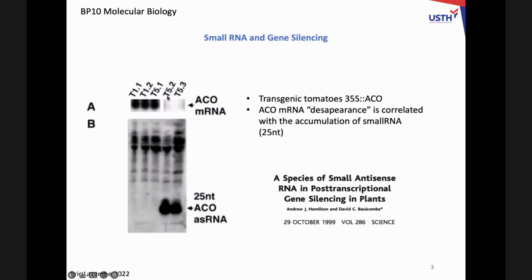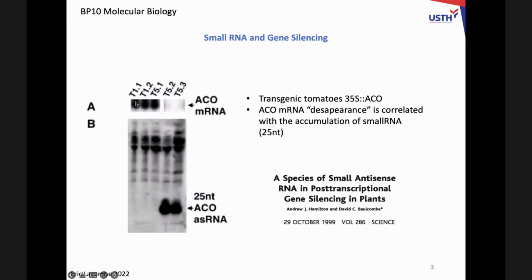But for some of the lines, and this is the case for lines T5.2 and T5.3, even though they were overexpressing the ACO gene, no mRNA was seen. So in this context, all the RNA that was overproduced by this construct was directly destroyed and degraded.